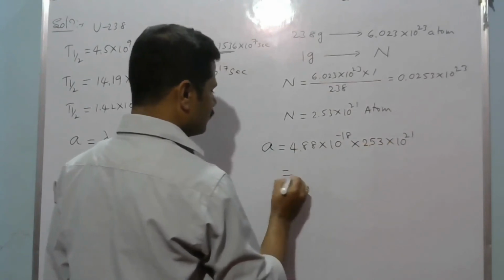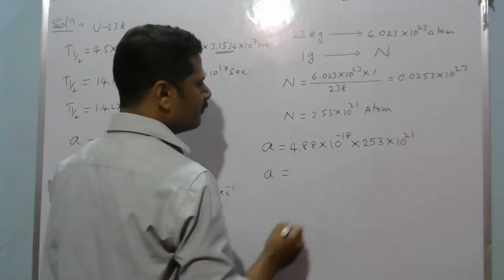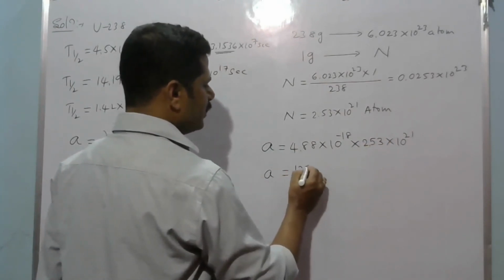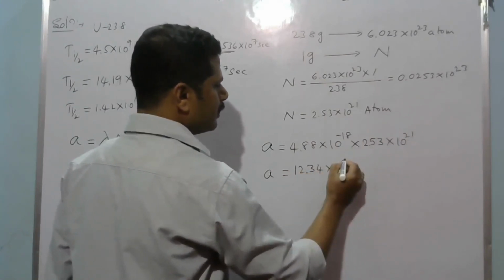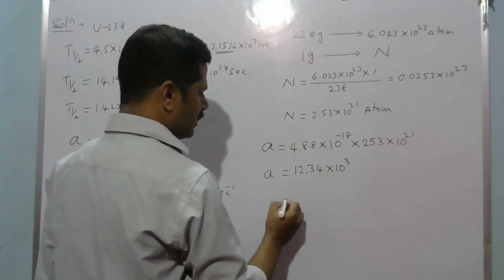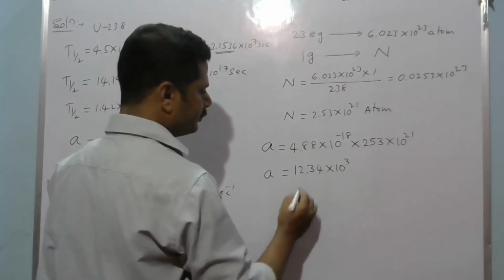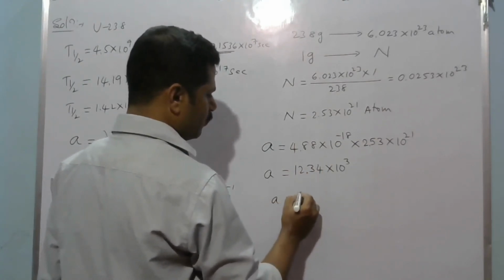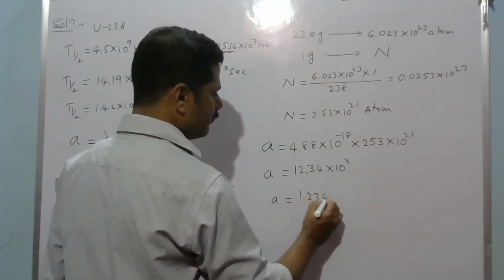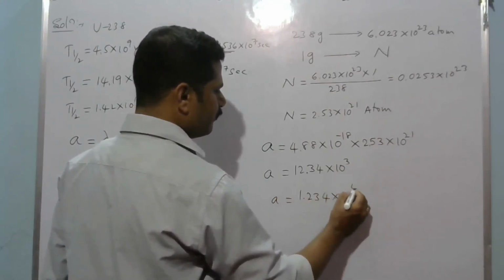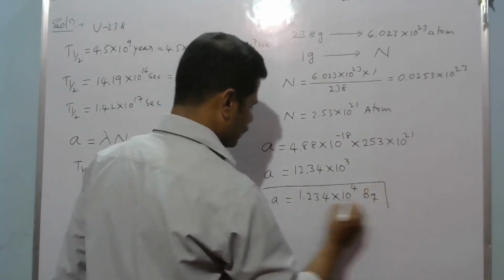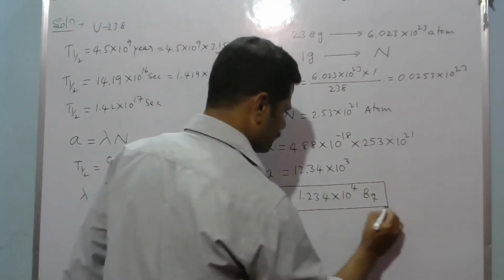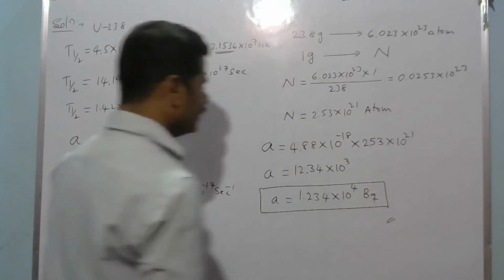So this is equal to 12.34 into 10 to the power 3, which we can write as 1.234 into 10 to the power 4 becquerel. Okay. This is the activity of 1 gram of radioactive substance.